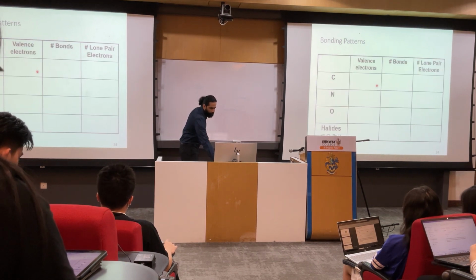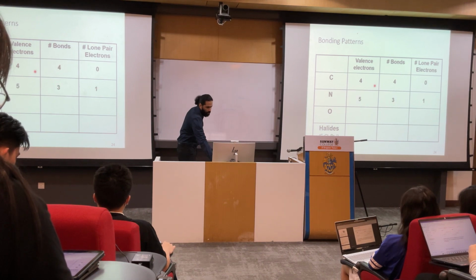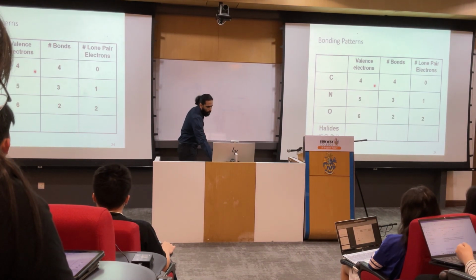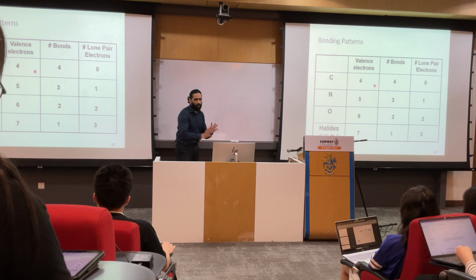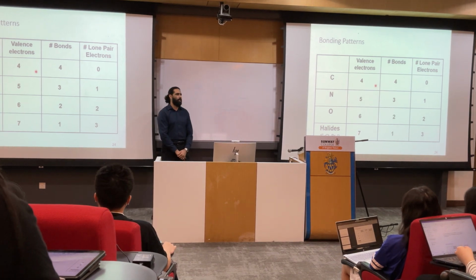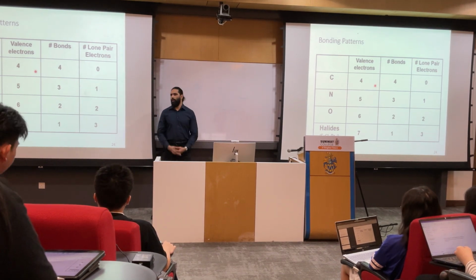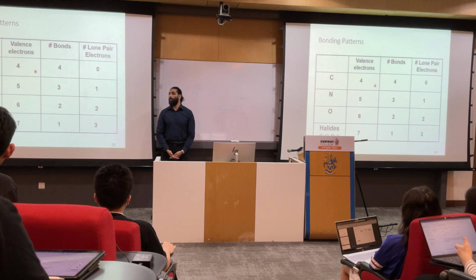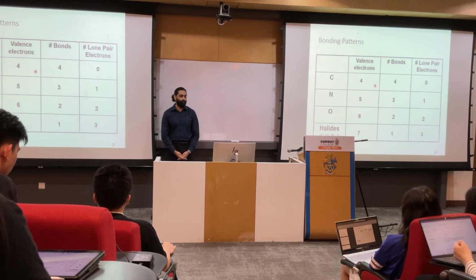Alright. Yeah, so this is kind of important. If you can't remember a lot of things, try to remember this. This is a kind of summary of important stuff that we do need to remember.